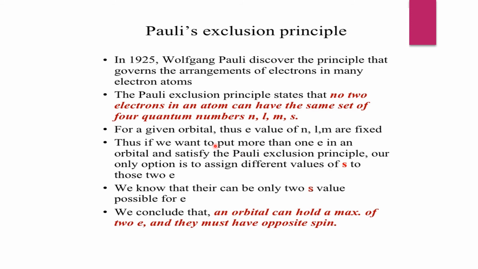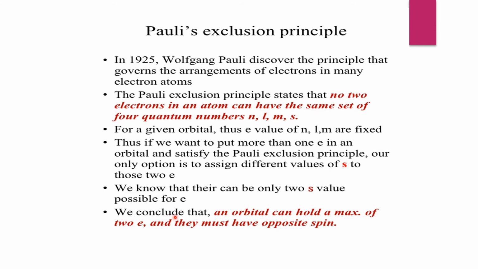So thus, if you want to put more than one electron in an orbital and satisfy Pauli's exclusion principle, our only option is to assign a different value of s to the second electron. We know that there can be only two s values possible for any electron.